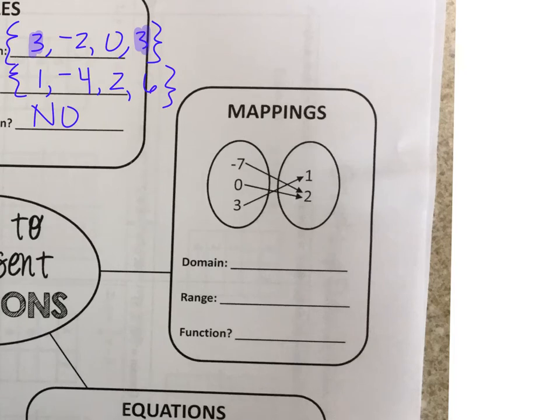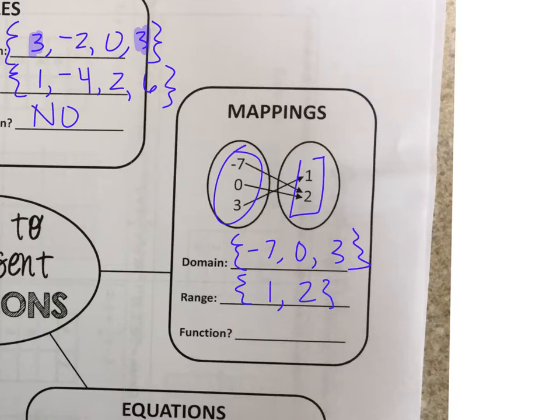When I look at a map, pause this as it's going through to write these things down because I'm going kind of fast. When I look at the map, -7, 0, and 3 are my x's. My y's are 1 and 2.